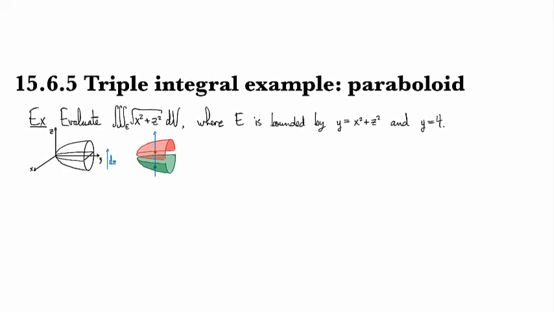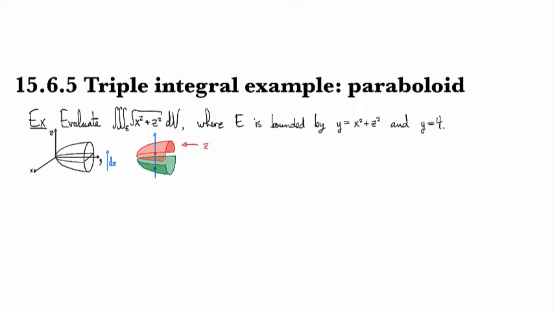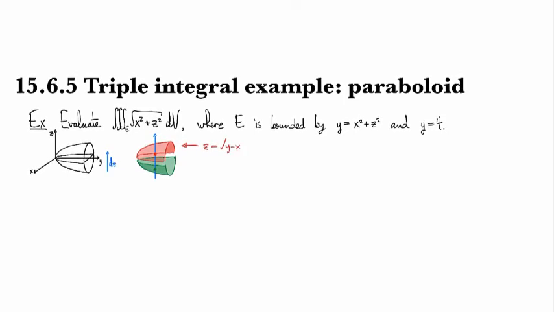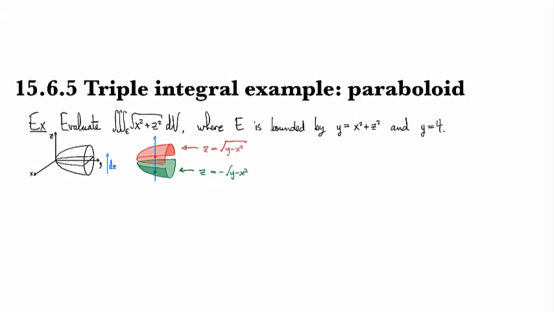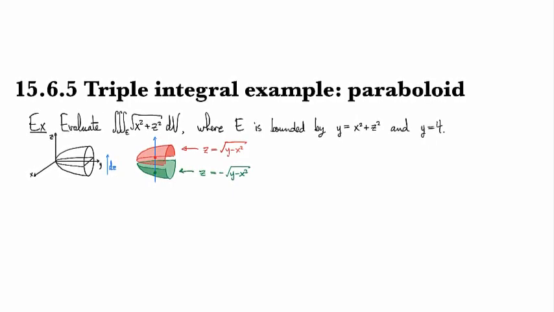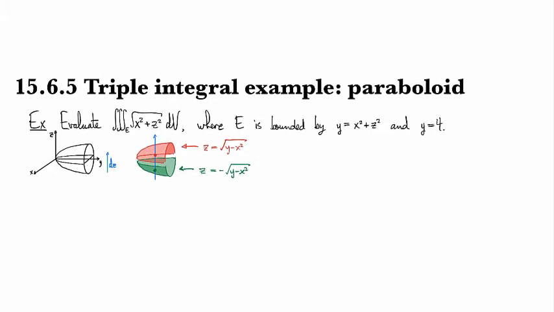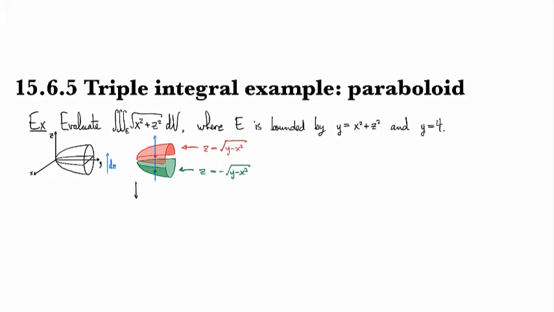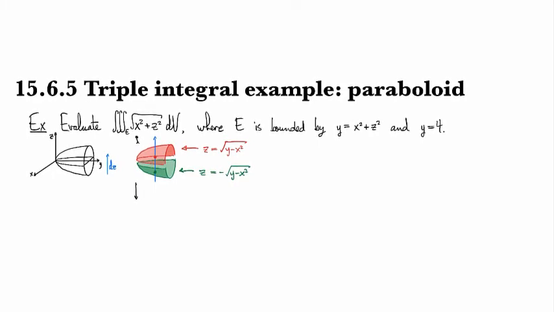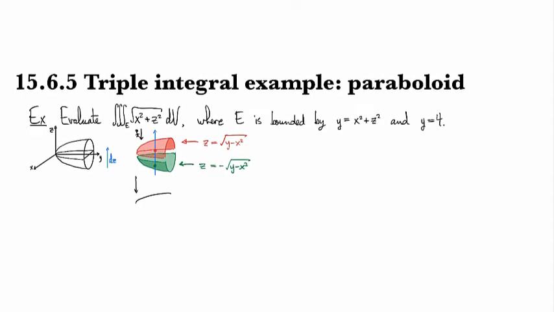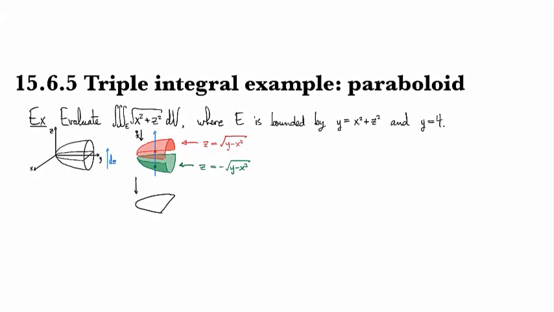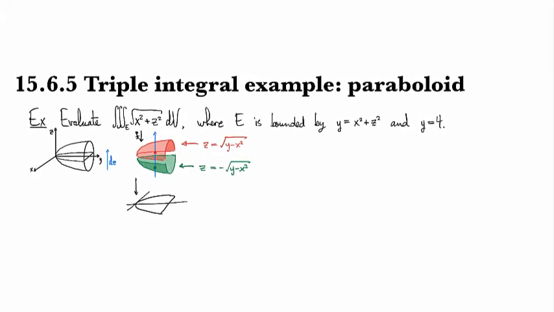And so the upper boundary up here is going to come from z equals square root of y minus x squared. And then the bottom boundary down here is going to come from minus root y minus x squared. And then after we're done with this integration, if we look at the projection downward, so once again you're up above it looking downward, then we're going to see this sort of parabolic shaped region that we would have to set up next.